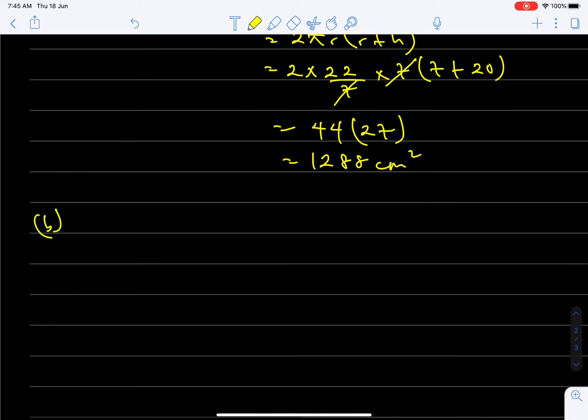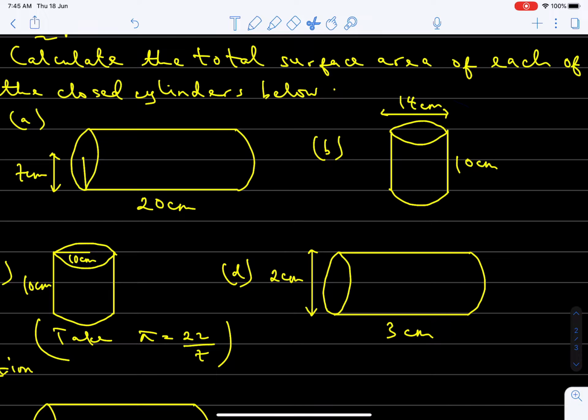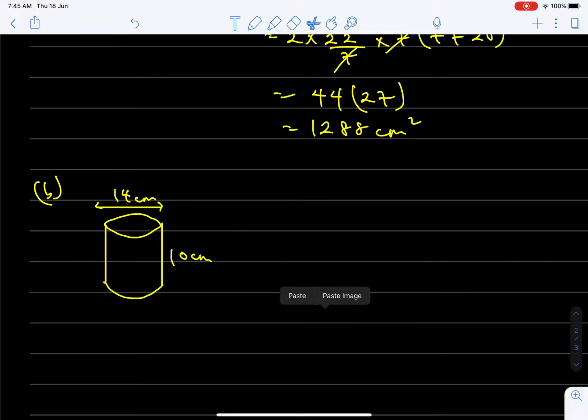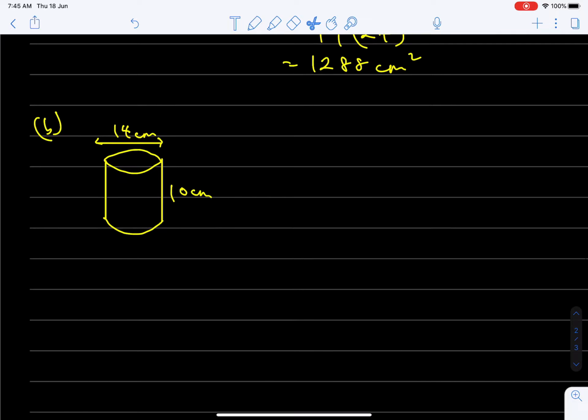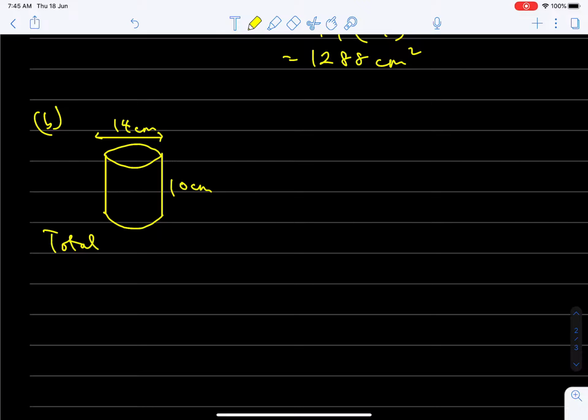Now to B, we're copying that and pasting where we need it. This is B. And then how do we go to the total surface area? Total surface area equals 2 pi r into r plus h.